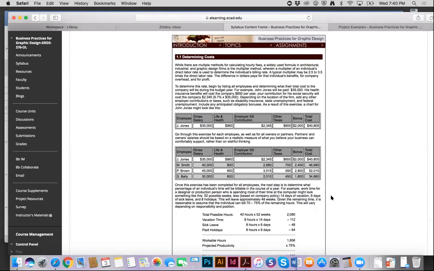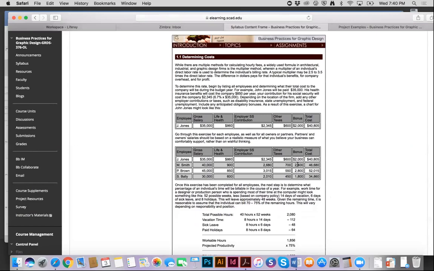Yes, and it should be said that this is a model of determining your cost and coming up with an hourly rate. There are multiple models, and you can find them all over the place in books and on the internet, so this is not the only model.